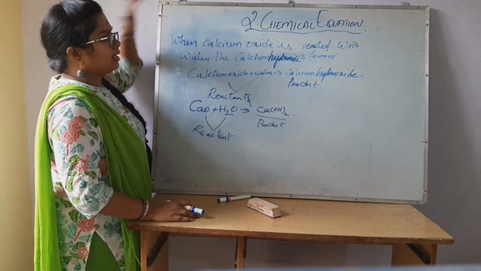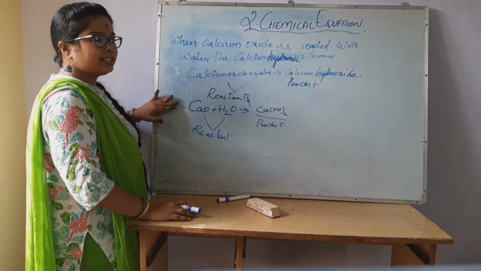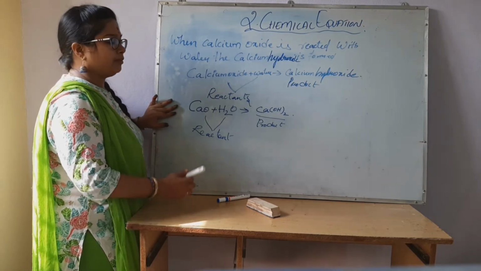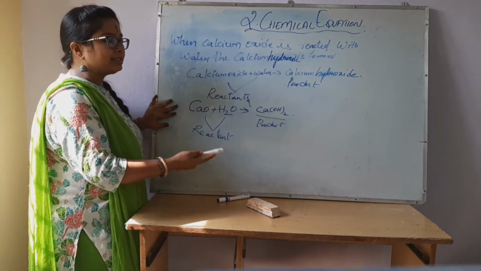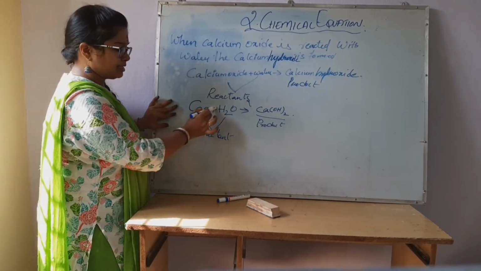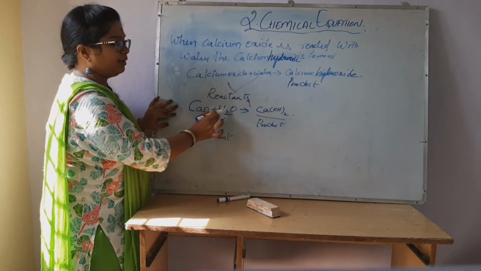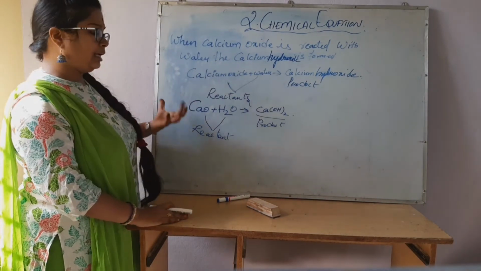Now, what is a chemical equation? A chemical equation is nothing but representing the chemical reaction in the form of symbols or molecular formulas like this. It's a molecular formula, calcium oxide. This is nothing but your chemical equation.